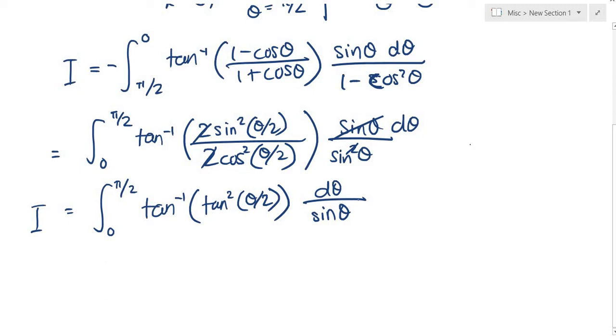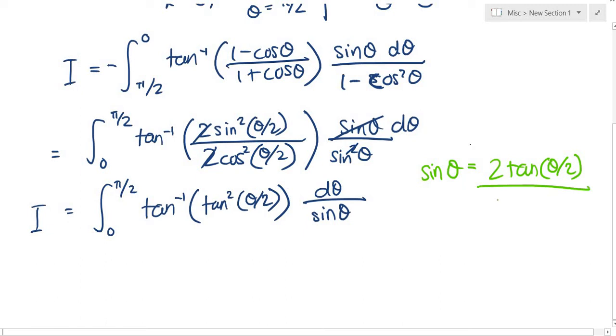So, a lot of identities in this video. We have the great identity that sine of theta is equal to 2 times tan of half the angle, theta by 2, divided by 1 plus tan squared theta by 2. So we can directly use this formula now.